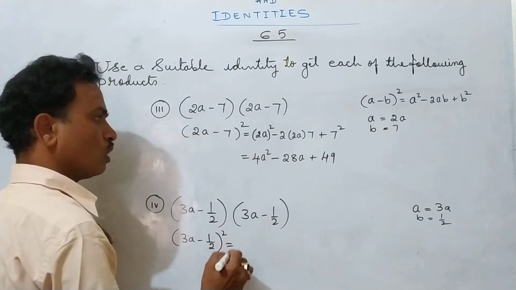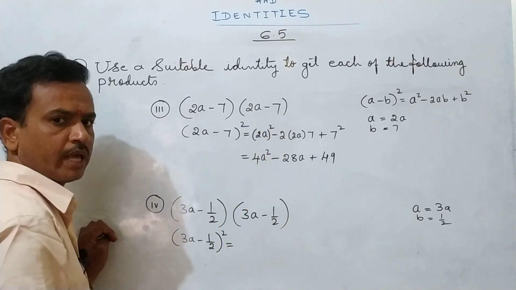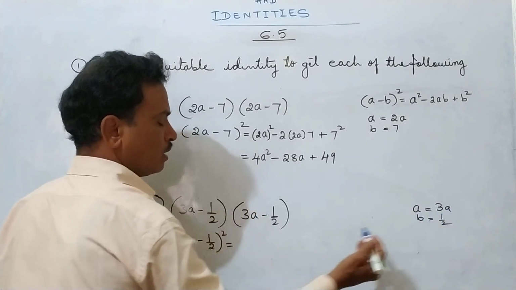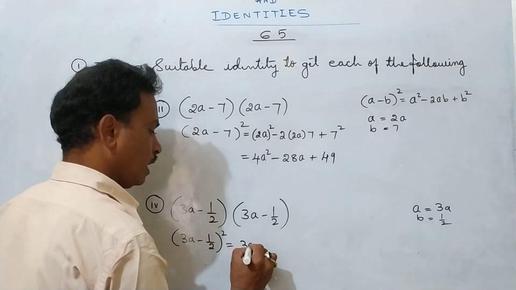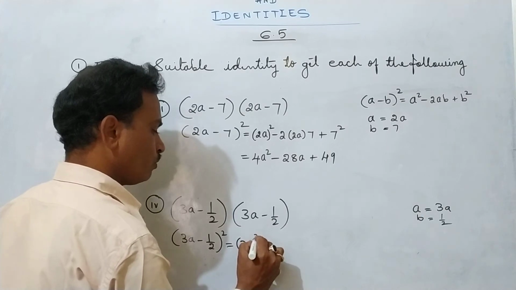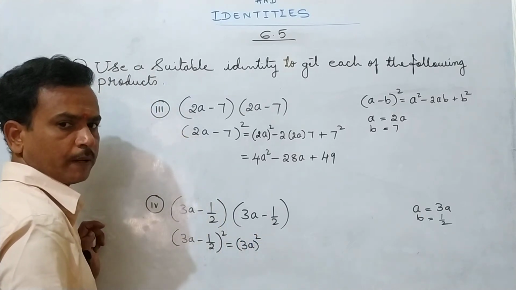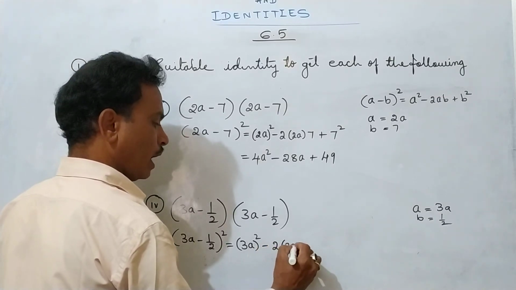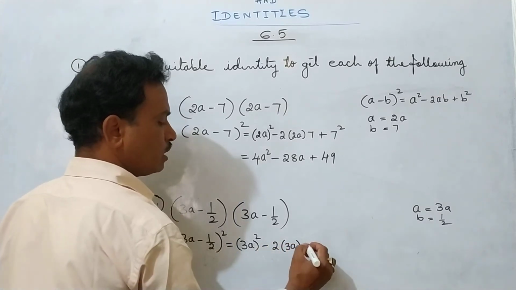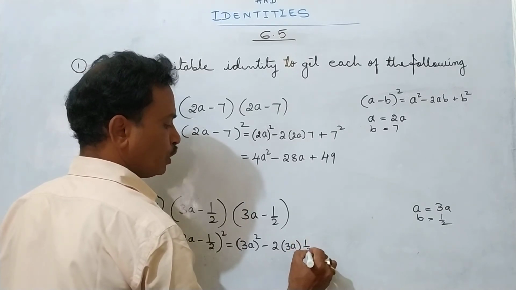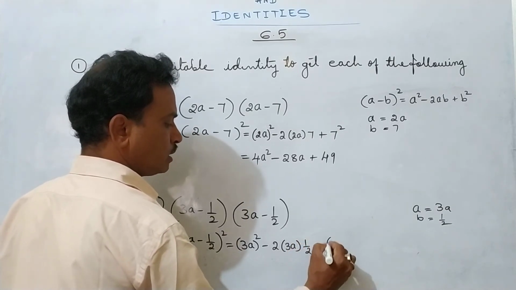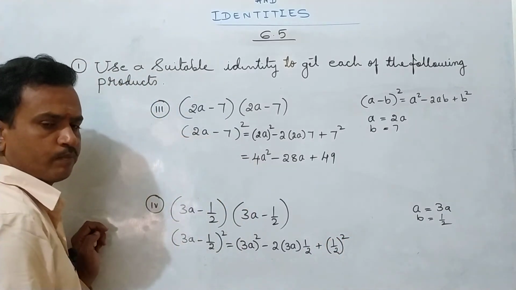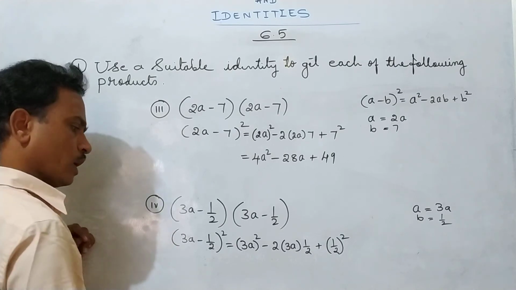According to that identity, first term a square, a is equal to 3a, that means 3a whole square. Then minus 2ab, 2 into 3a into 1 by 2, then plus b square, that means 1 by 2 the whole square.